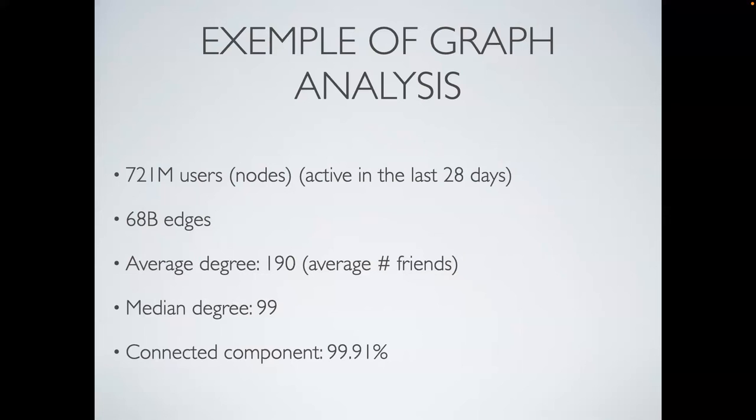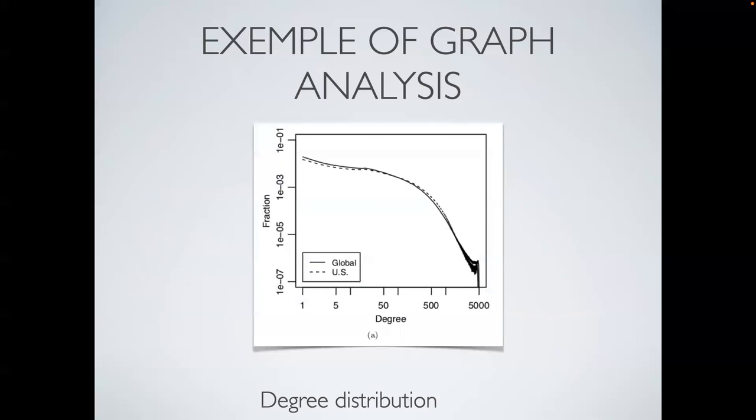So there is still like 0.09% of nodes that are disconnected, but probably most of them are singletons or things like that. There are some small connected components, and they don't really say what they correspond to.